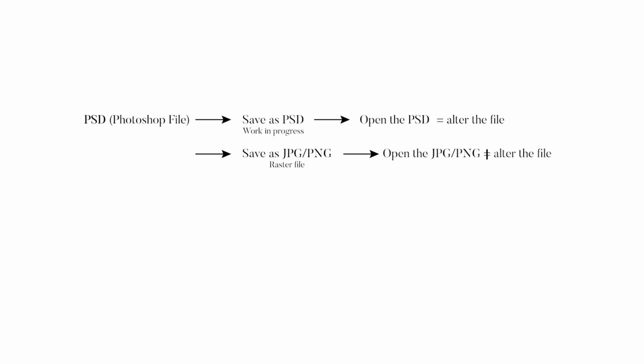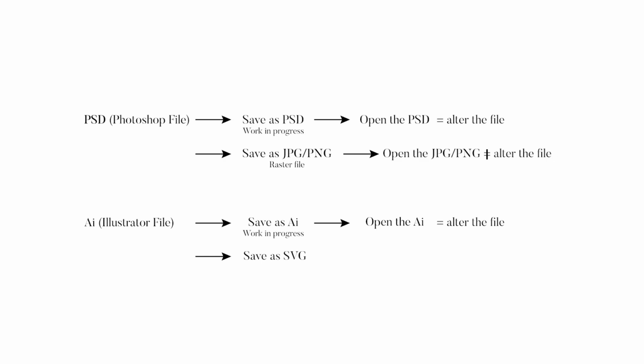Now, Illustrator, on the other hand, is not like Photoshop. The project file and the end output are both AI or SVG. So all of the individual layers, the shapes, the text are preserved in a vector file. So if you open an SVG file, you can still tweak and change it.